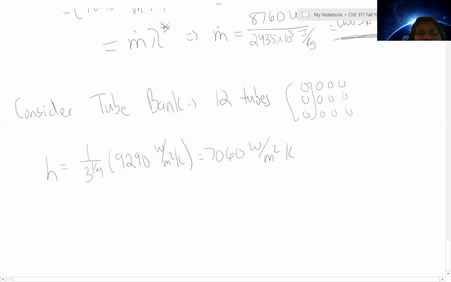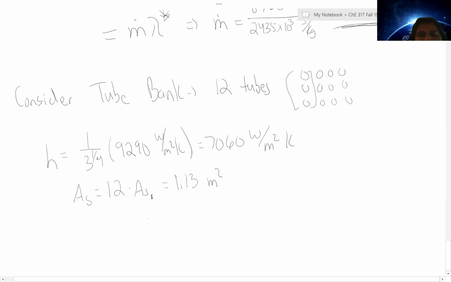And then for our heat transfer rate, what we would do is up our surface area by 12, because now we have 12 tubes, which would give us a surface area of approximately 1.13 square meters. And then resolving our Q, we would see a marked increase in our heat transfer rate, right?